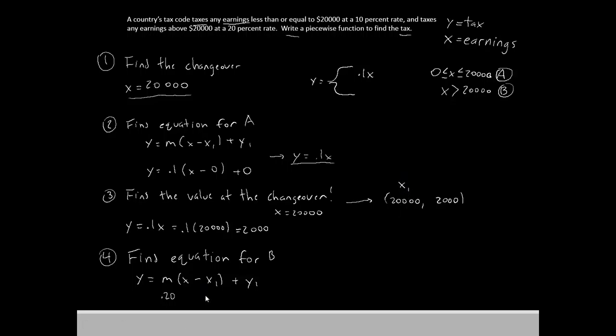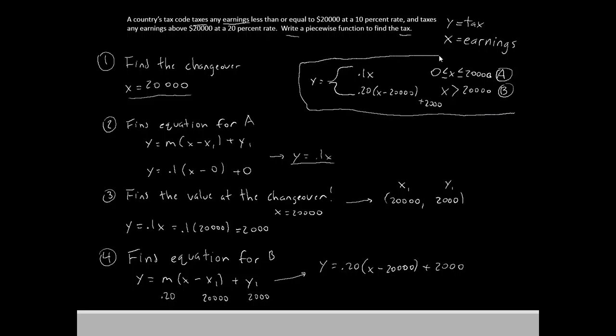I'll label it over here. It'll be 20,000. And our y1 in this equation will be the y of the changeover, and it'll be 2,000. So our equation becomes y equals 0.20 times x minus 20,000 plus 2,000. Just for good measure, I'll write it again over here in the piece.